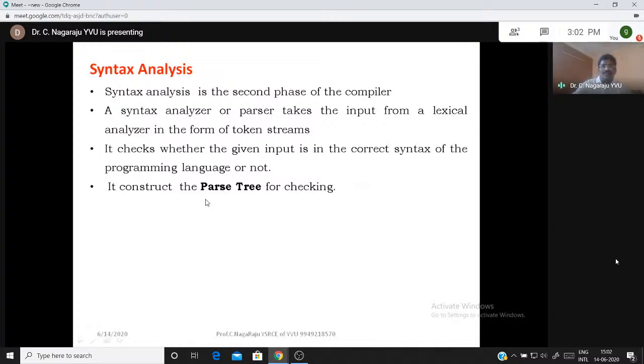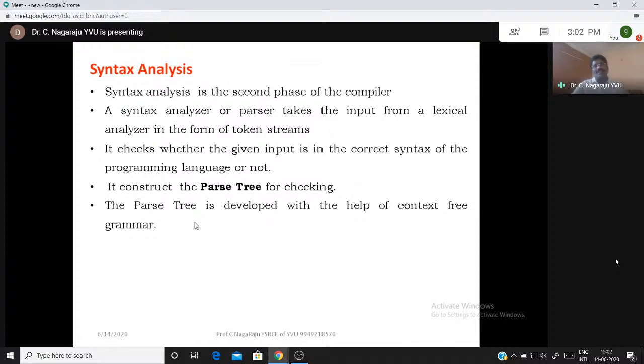We use different grammars: regular expressions for lexical analysis, and here we use context-free grammar for the implementation of syntax analysis.